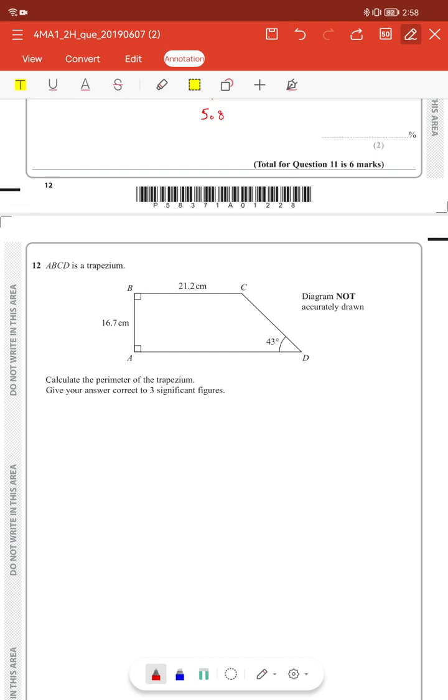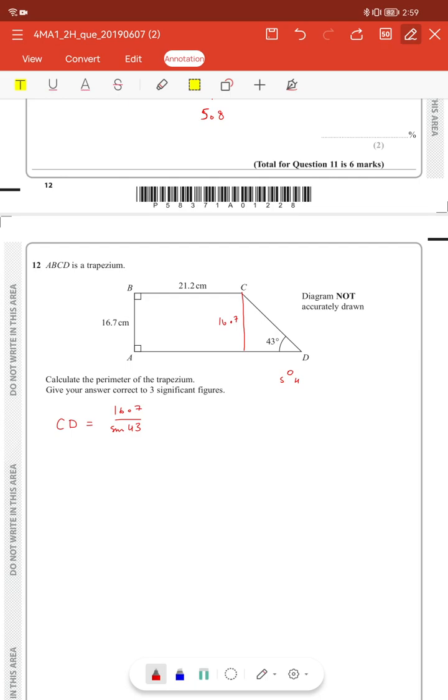Calculate the perimeter. So the first thing we know is that this length is 16.7. So using SOHCAHTOA, we can find CD. So CD would equal 16.7 over sine 43, as CD would be the hypotenuse and 16.7 would be the opposite.